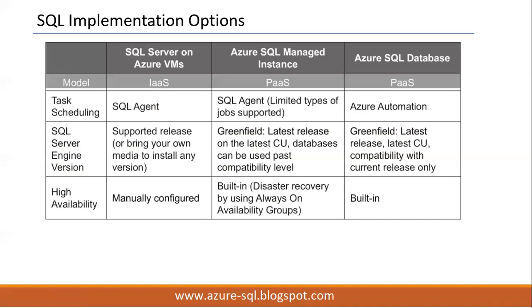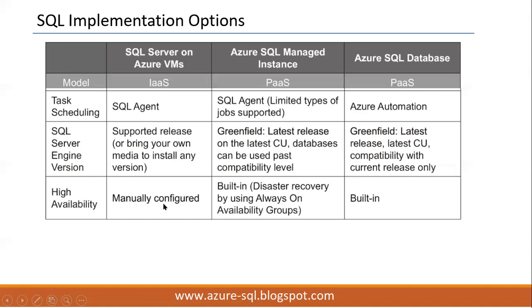In the same way, for the SQL Server engine version, there is a supported release, or bring your own media to install any version. For greenfield, the latest release on the latest CU. Databases can be used with past compatibility levels too. Here it is the latest release, latest CU, with compatibility with the current release only.